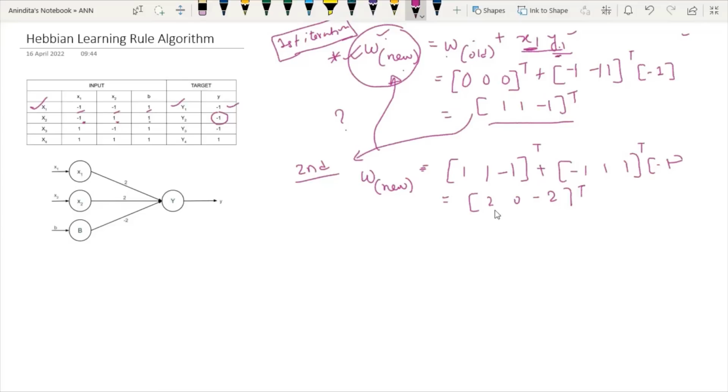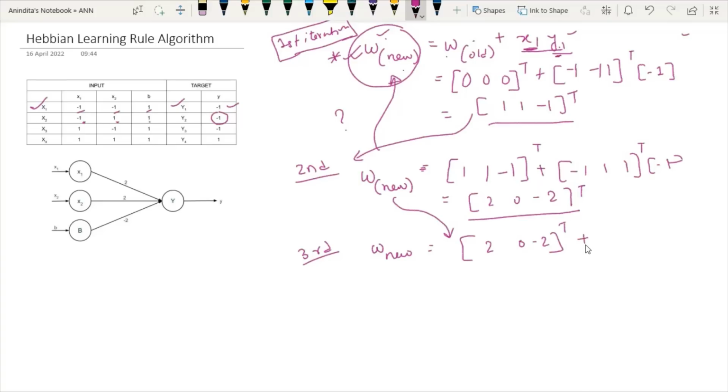Right? Now come to the third iteration. In the third iteration, again we have to compute the W new value. Whatever value we got in the previous iteration as W new will act as the W old value in the third iteration.